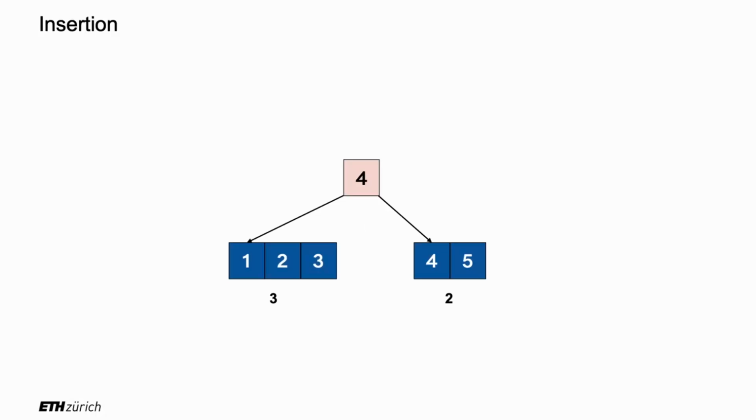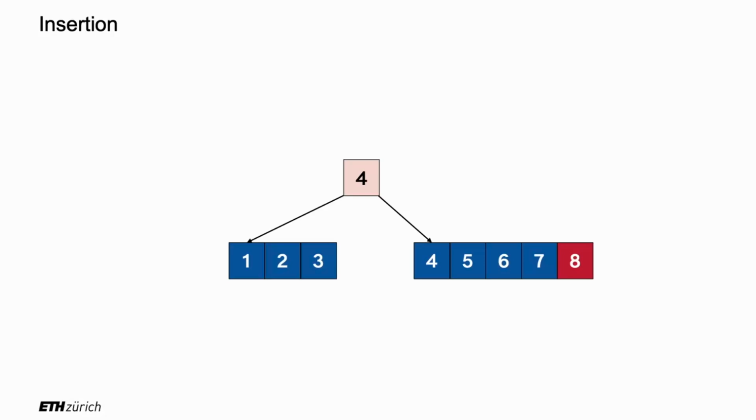So you automatically split it into one more level, where now you have 4, and everything that is strictly smaller than 4 is on the left. Everything that is greater than or equal to 4 is on the right. And now I again have a B plus tree, but it's one more level now. If I continue to add, I'm going to have 6, 7, 8, and now I'm again breaking my rule that I'm not allowed to have more than a specific number of values in here.